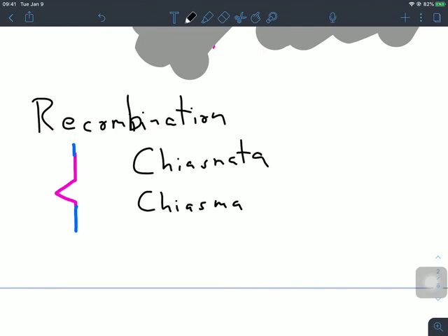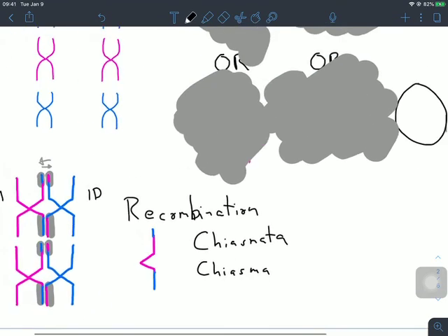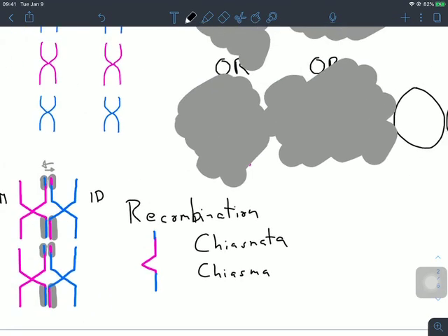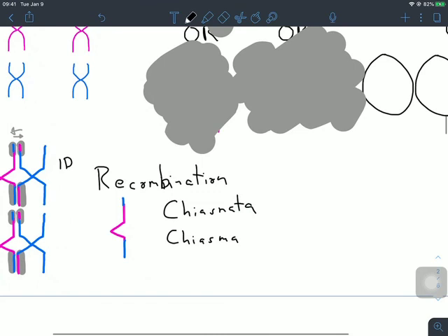Things don't split correctly. Things don't divide up during anaphase like they should. So chiasmata are actually essential components of meiosis. Now, these chiasmata fundamentally are formed because of protein structures between the two homologous pairs.